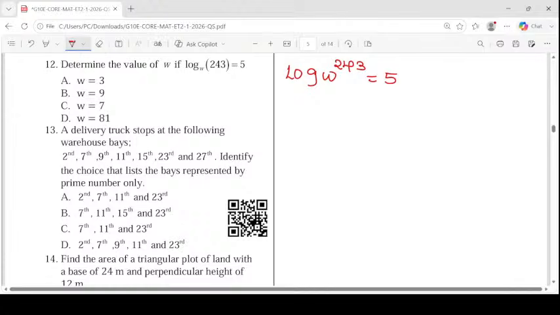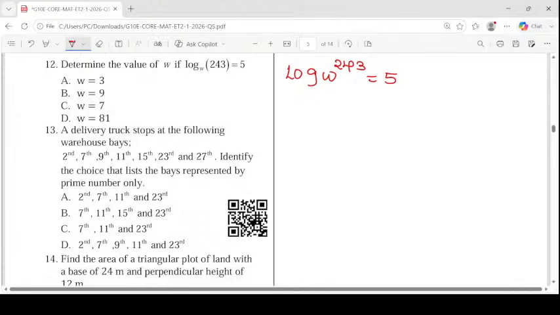What I want you to know is this. Is this one log to base W or log W power this? The question is very clear, ladies and gentlemen. And what is required of us is to determine the value of W here.